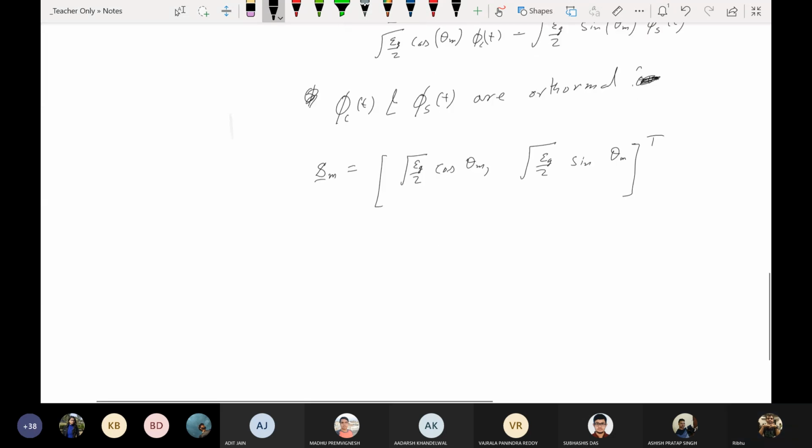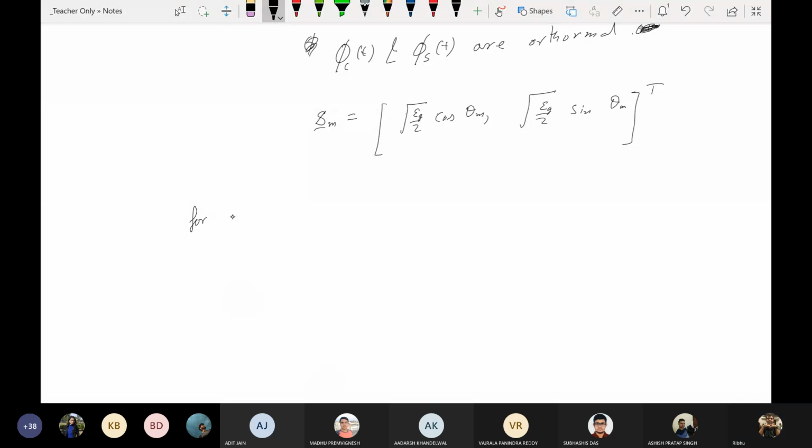This is the signal vector for M equal to 2: s_m equals root of E_g by 2, 0, and the other point.